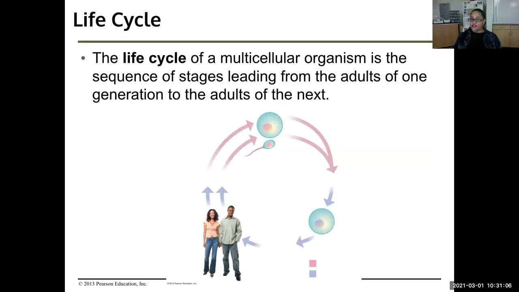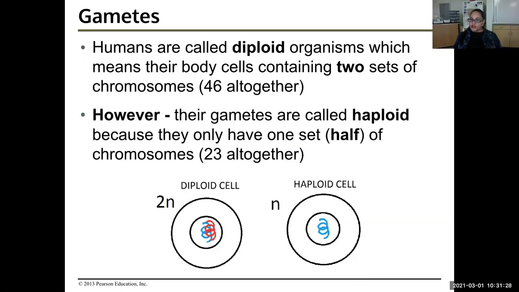The life cycle of a multicellular organism is the sequence of stages leading from the adults of one generation to the adults of the next generation. Humans are called diploid organisms, which means their body cells contain 2 sets of chromosomes.